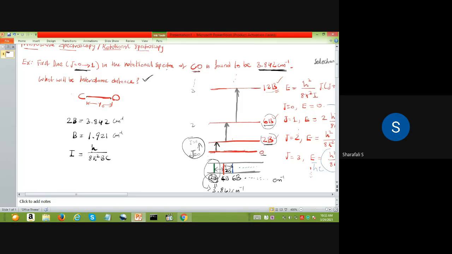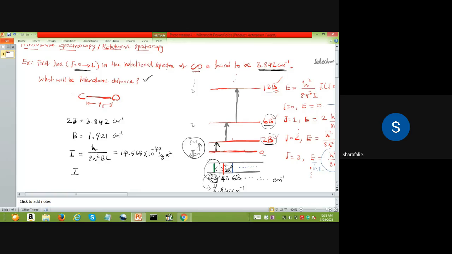And if you substitute this value of B in that equation, then you will get I equal to 14.569 into 10 raised to minus 47 kilogram meter square. This is the unit of moment of inertia, mass into r square. So this is the moment of inertia.